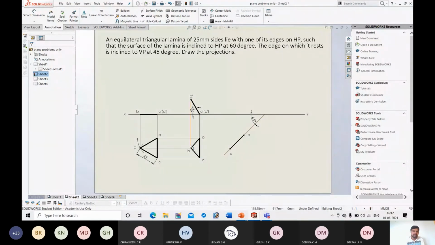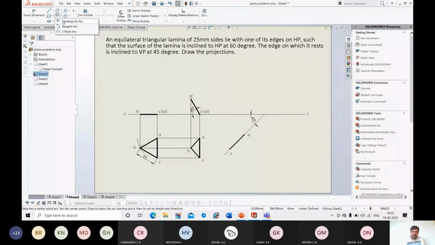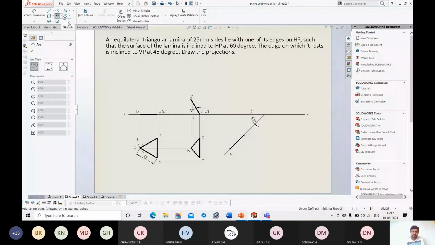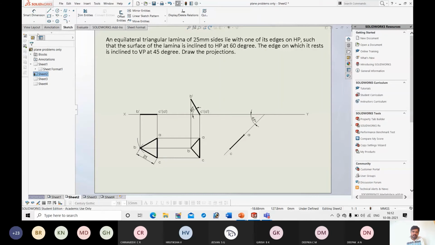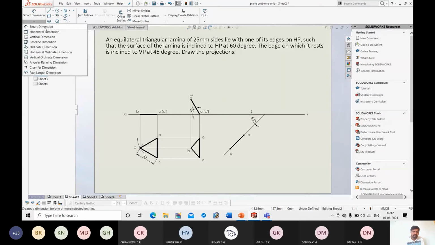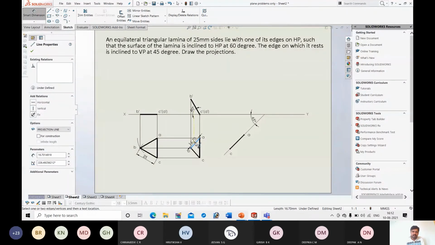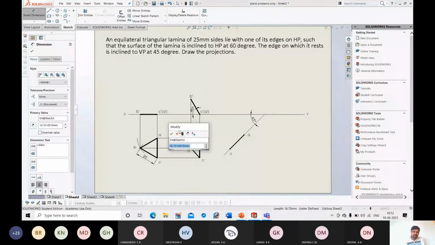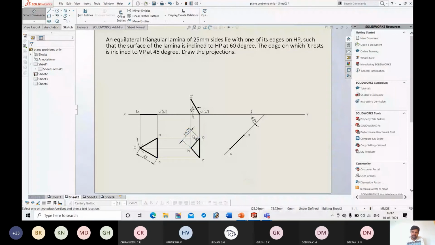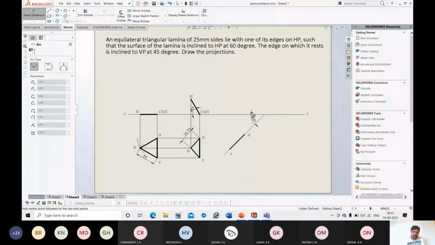I will use the center point arc command. I will take A as center and cut one arc, C as center and cut another arc. For that, I should know the radial distance. You need not measure; using a compass you can get this directly. It is 16.70. So I will draw an arc to this radial distance, 16.70.